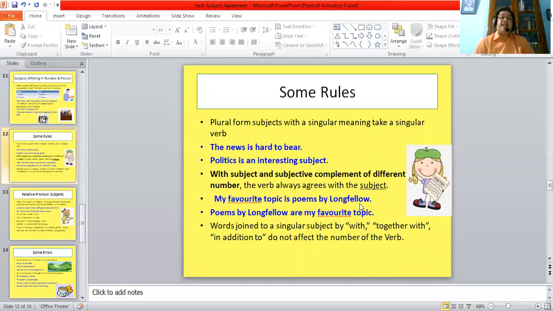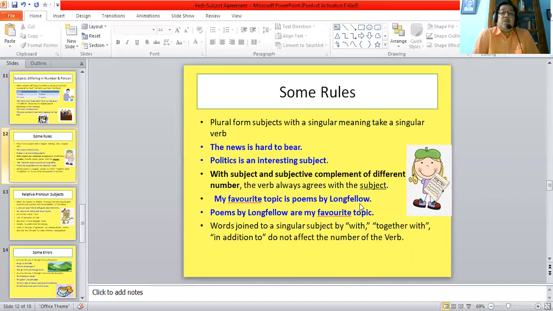Now, with the subject and the subjective complement of different number, the verb always agrees with the subject. Like, for example, my favorite topic is poems by Longfellow. So, poems by Longfellow are my favorite topic.